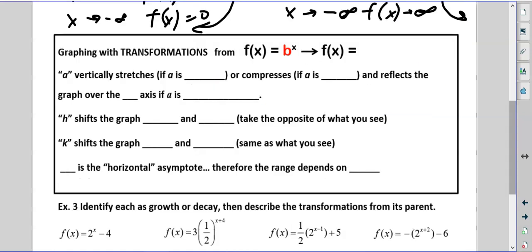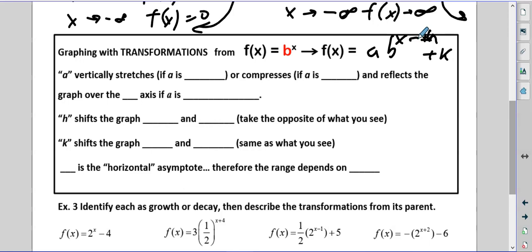Okay, so now we have transformations from f of x equals b to the x, and f of x equals a b to the x, plus or minus a number plus k. And that number here is going to be h. And technically it's always x minus h, the format of the formula, but it will be plus or minus depending.